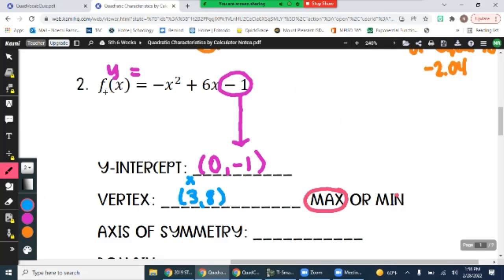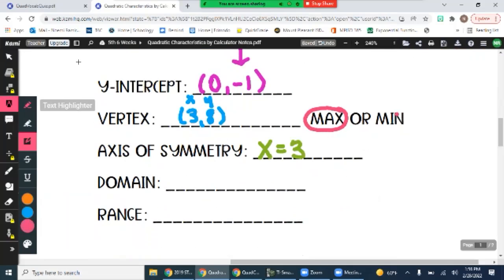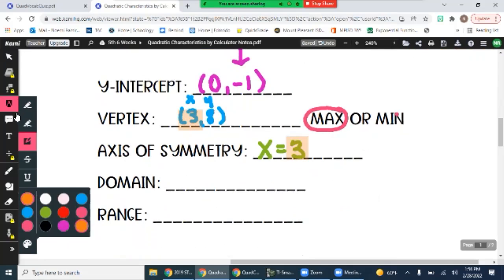Don't forget to label your X and Y. That always helps. All right, axis of symmetry always starts as x equals. x equals what? 3. Make sure you color code that, highlight it. Should correspond, should match up.